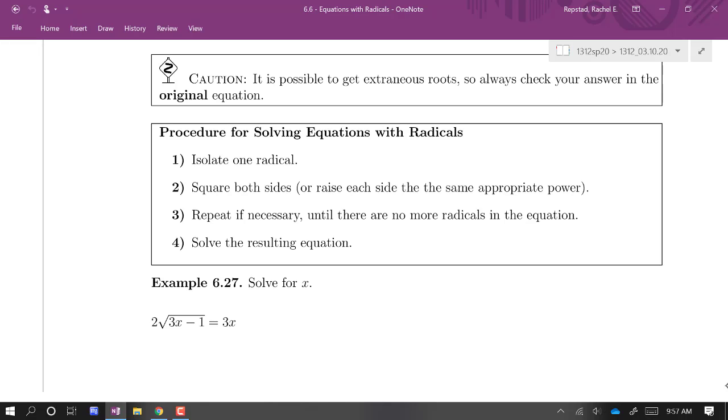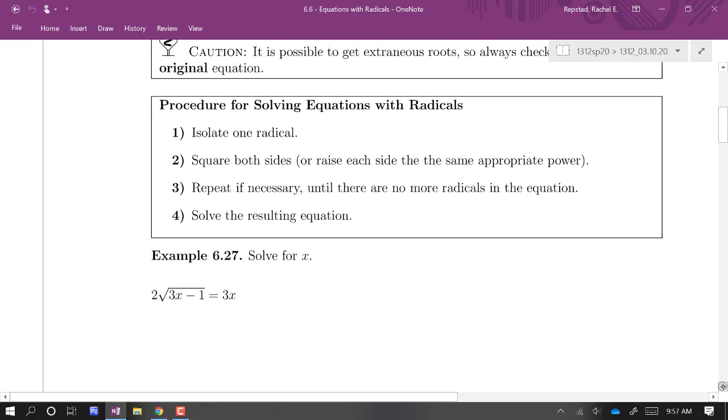If your expression has more than one radical, after one iteration of that process, you'll still have a radical left over, and then isolate and repeat the square both sides to get rid of the radical. And then just solve the resulting equation, which will either be linear or maybe quadratic, a type of equation that we know how to solve already. But the new thing that we're learning is how do we take this equation with radicals, get rid of the radicals to turn it into an equation we already know how to solve.